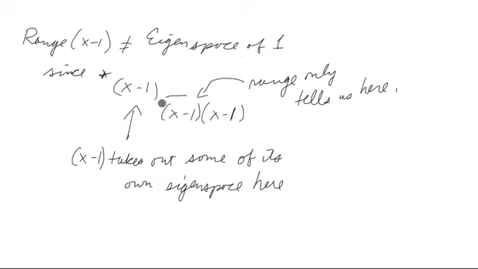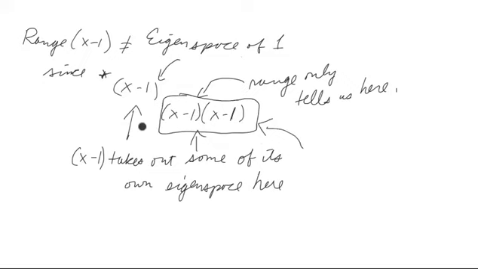So really, if we're looking at this subspace only, like this one right here, where that's the minimal polynomial at this point and not this one, then the range of x minus 1 just gives us information about the eigenspace portion that lives in here. But actually, there's more that lives over here, and there's a whole subspace that's determined by this column here.